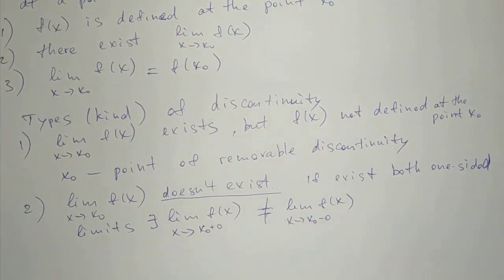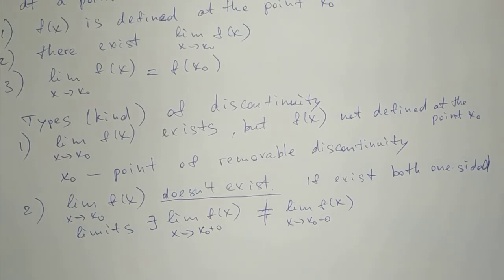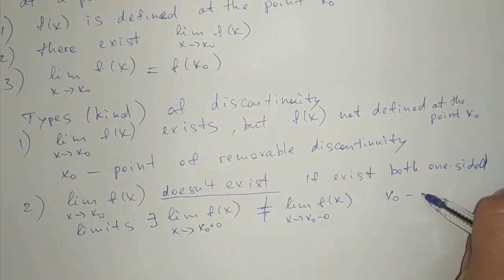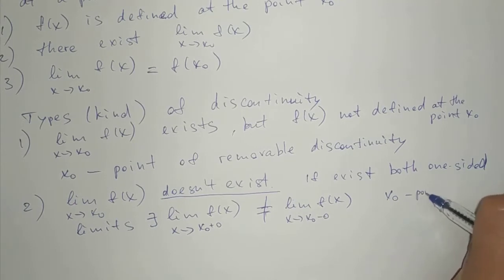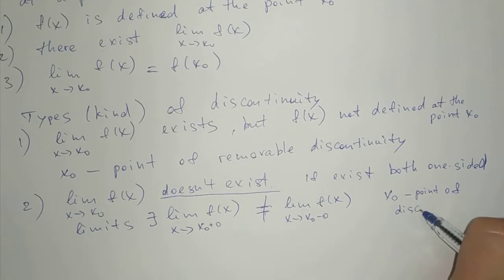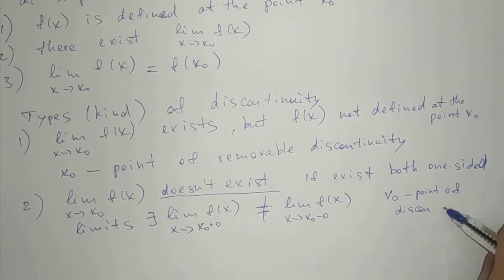In this case, we call x0 a point of discontinuity of the first kind.